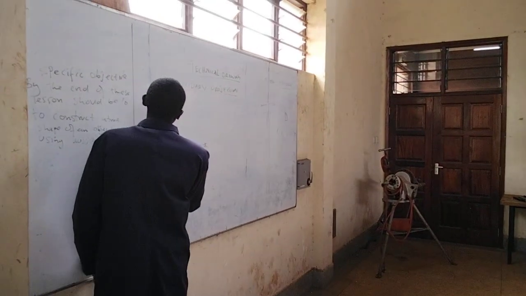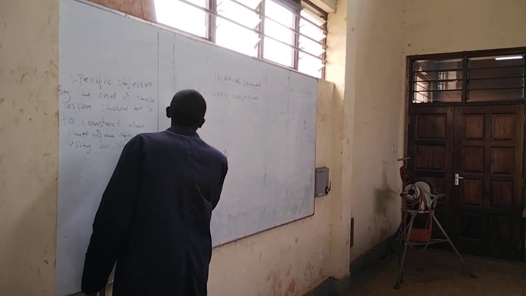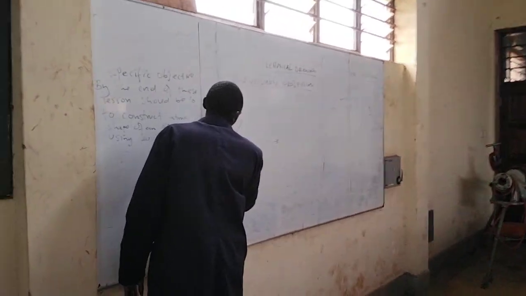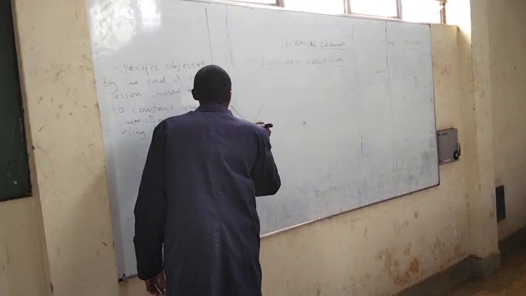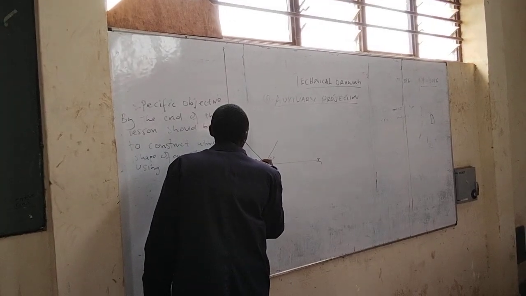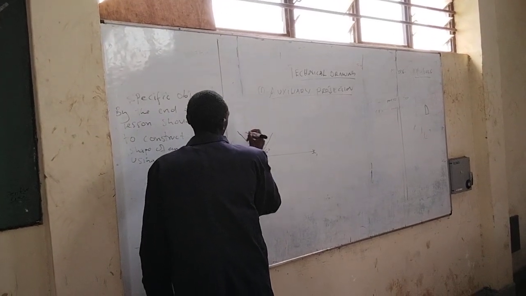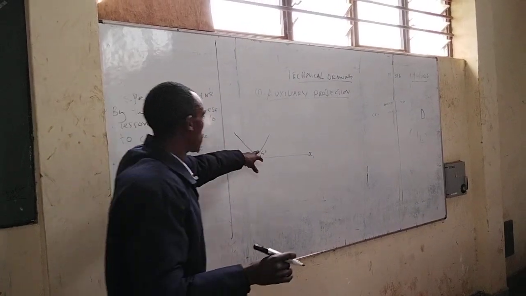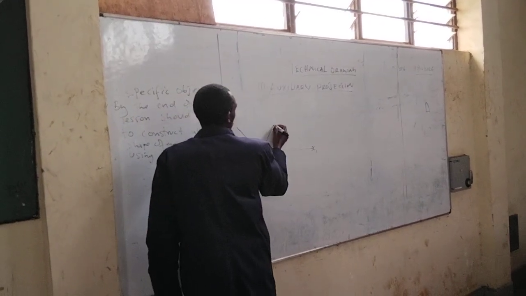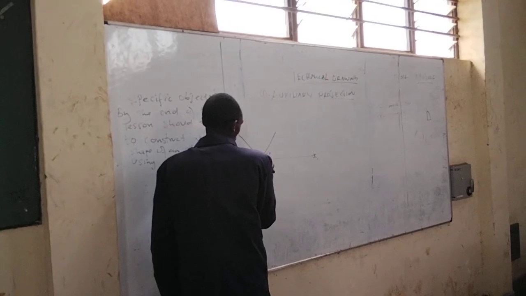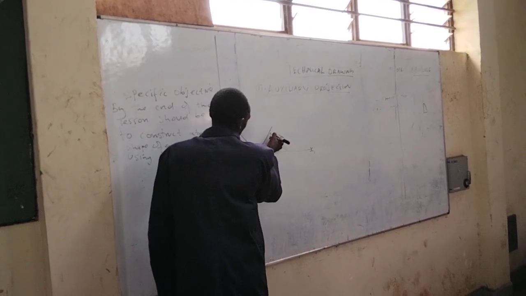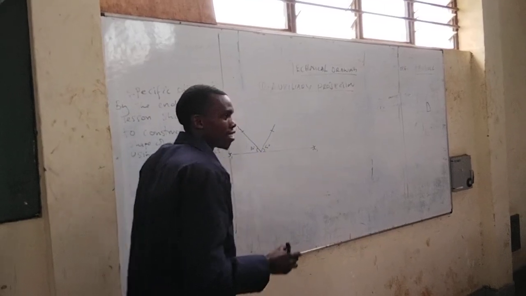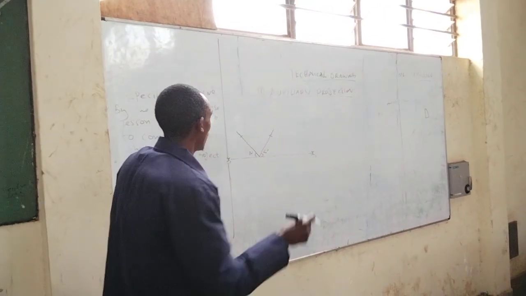You draw at an angle where this side is 60 degrees and this side is 30 degrees. The placing of this block is 50 millimeters by 50 millimeters, so you measure 50 millimeters from this one, 50 millimeters from this one. Are you okay now? Yes.